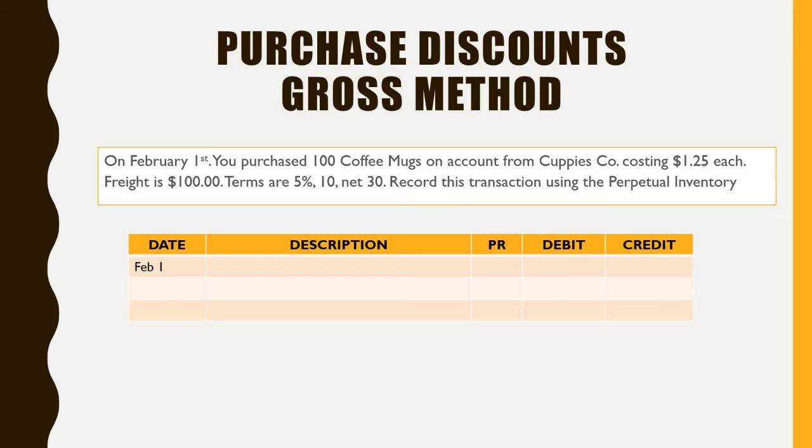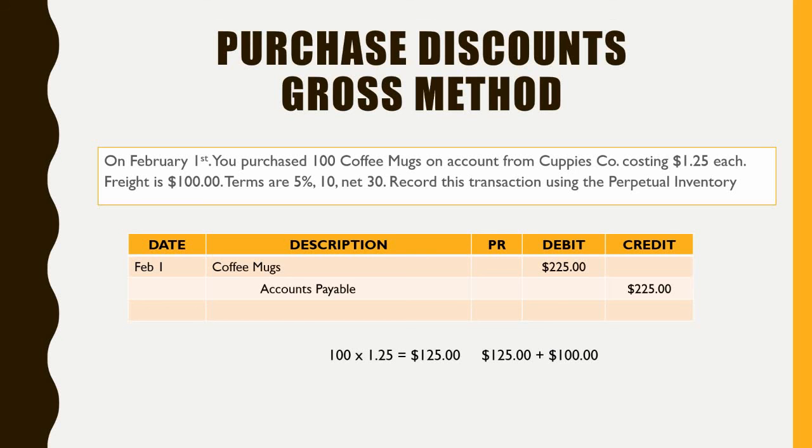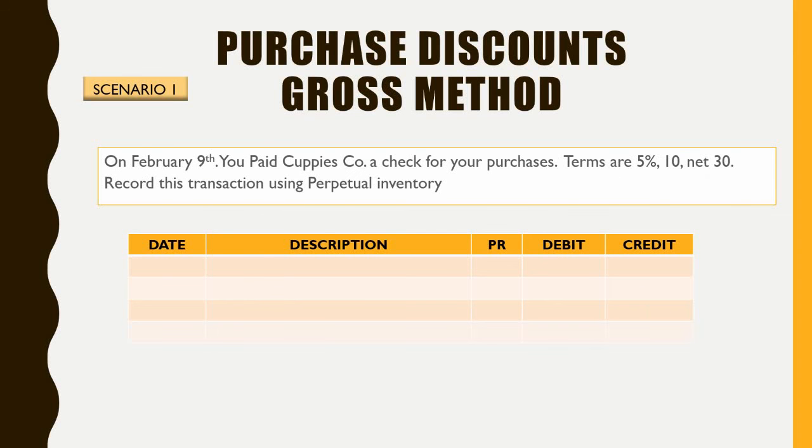And of course, let's talk about the gross method. If you have the same exact scenario, you're just going to record it at regular price. So in this case, I owe $225. Then let's say I make a payment on February 9, this is where I meet the terms. So I need to calculate how much that discount amount is.